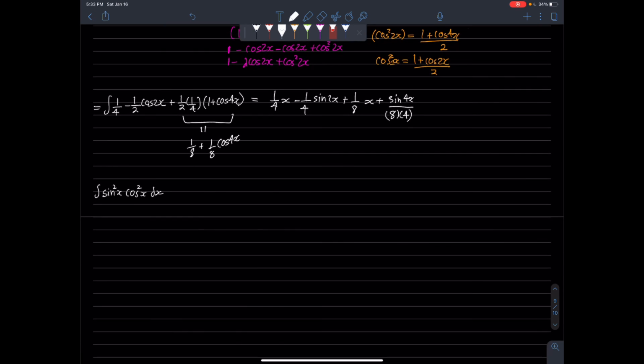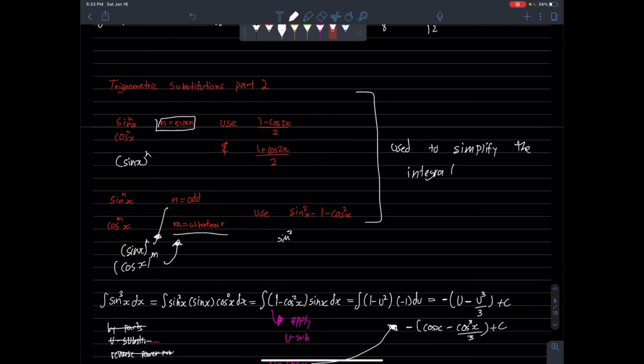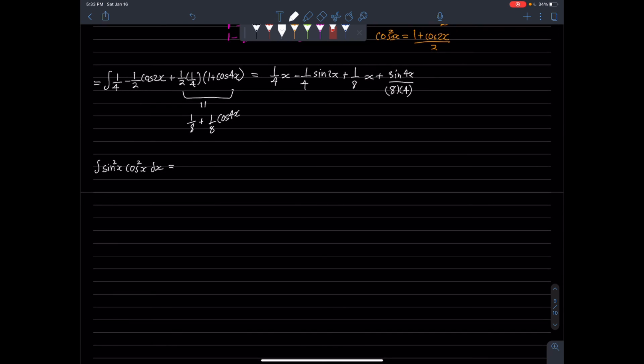Okay, last one. This one, again, we have sine squared and cos squared, both being even, so we have to use the 1 plus cos 2x over 2 identity and the 1 minus cos 2x over 2 identity, as you can see in the very first one. It's going to be 1 minus cos 2x over 2 times 1 plus cos 2x over 2 dx.